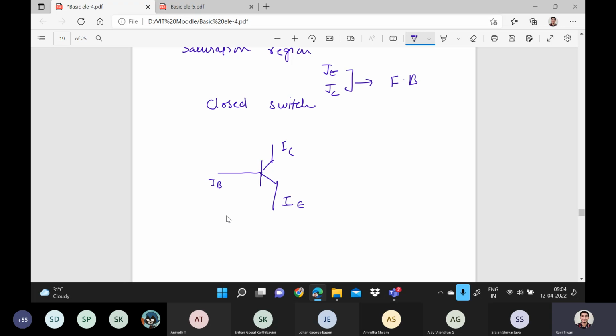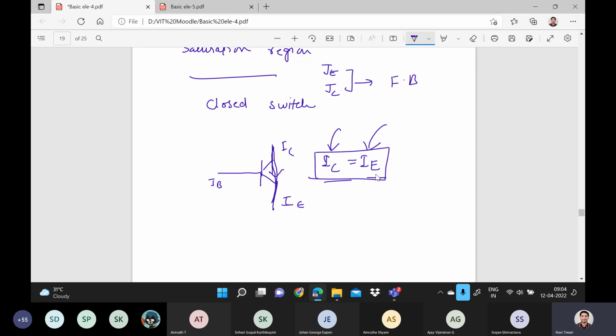As both the junctions are forward biased, it will behave as a short switch. That means the value of IC is equal to IE. Whatever you are providing, the same you are getting as the output. So in the saturation region, the collector current is equal to the emitter current.